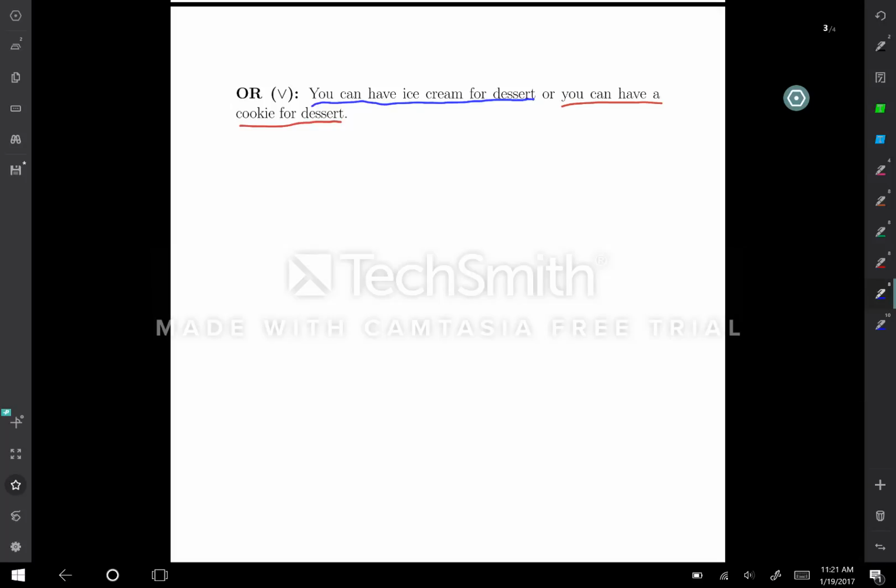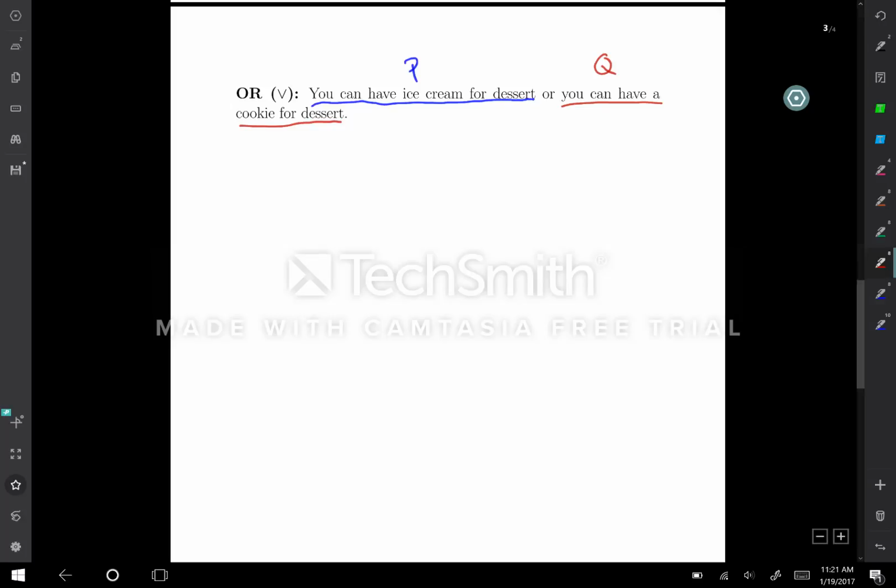We would say you can have ice cream or a cookie for dessert, usually suggesting that you can have one or the other, but not both. That's an exclusive or in mathematical language. In mathematics, inclusive or means you could in fact have cookies and ice cream.